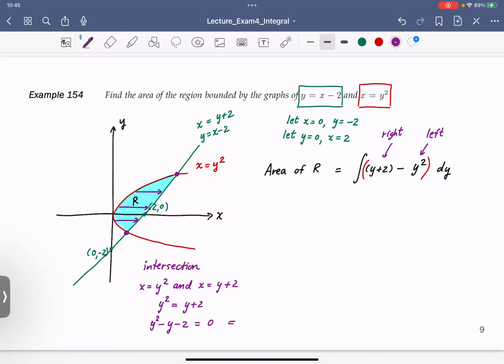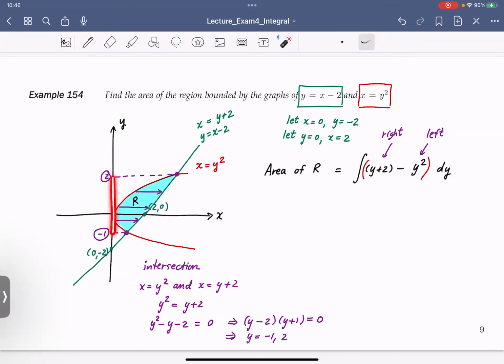That means (y minus 2)(y plus 1) equal to 0, because you do the factoring. And then you're going to have y equal to -1 and 2. So this point is y equal to -1. This point is y equal to 2.